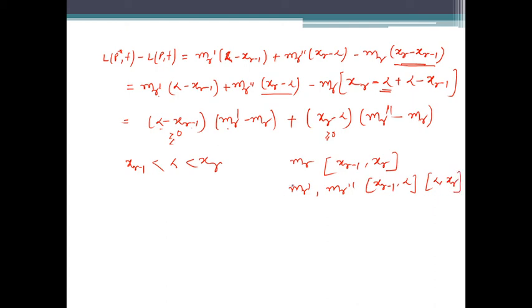So it is obvious that small m r will be less than small m r dash and small m r double dash. So small m r dash is greater than or equal to small m r, and similarly m r double dash is greater than or equal to m r, right? So these differences are greater than or equal to 0.